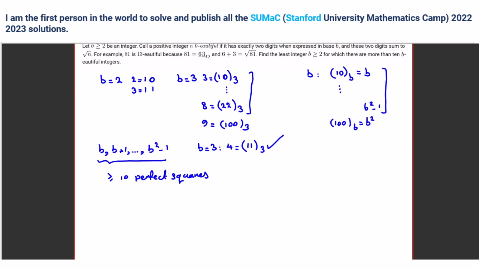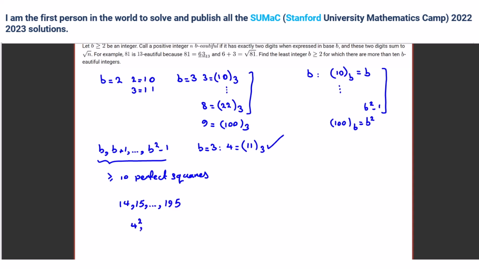The minimum is 14, so if we consider b equals 14, it would be from what to what? 14, 15, all the way to what? 196 minus 1, right? Yeah, 195. So here we have 10 perfect squares. Let's check.